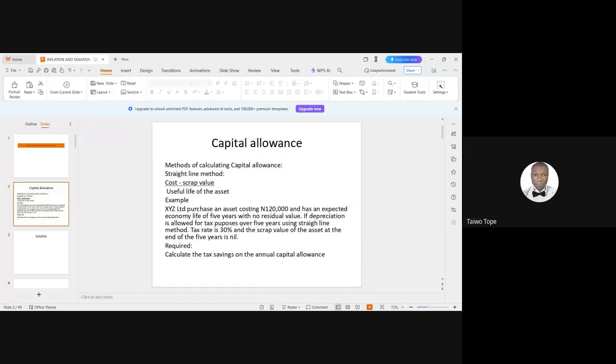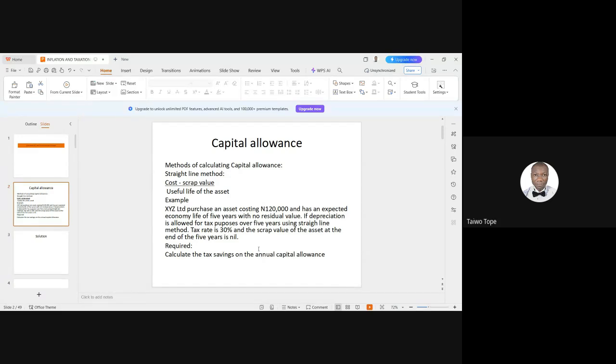Thank you, sir. So for this question, we had to calculate the tax savings on annual capital allowance. I explained that tax savings on capital allowance is calculated in what manner?